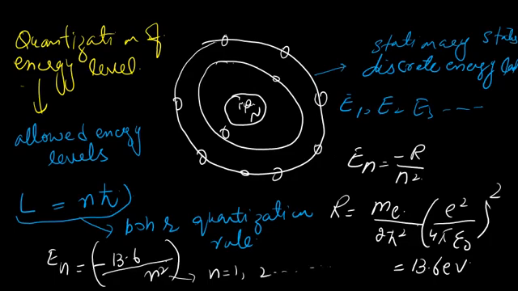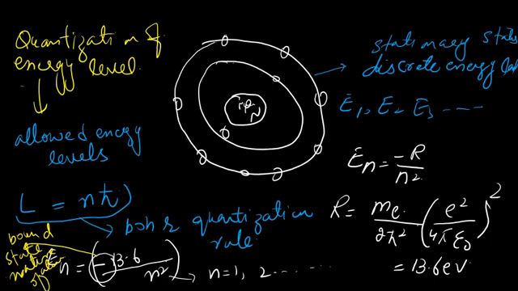The minus sign comes due to the bound state nature of an atom. The electron is bound to the nucleus under nuclear forces.